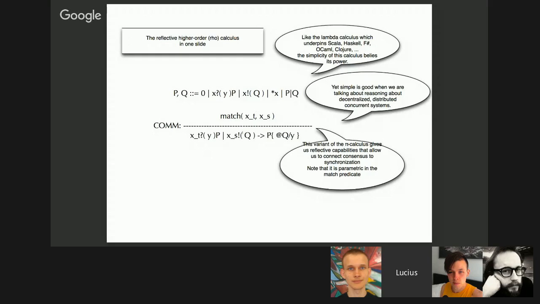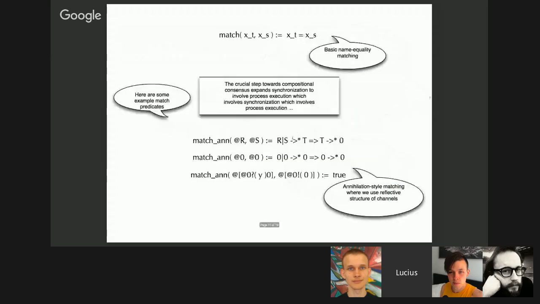And when they do match, then the data is sent along the channel, and you essentially apply the function, which is to substitute in the body of the process P the code of Q for every instance of Y. And so this abstraction in the match predicate turns out to be incredibly powerful.